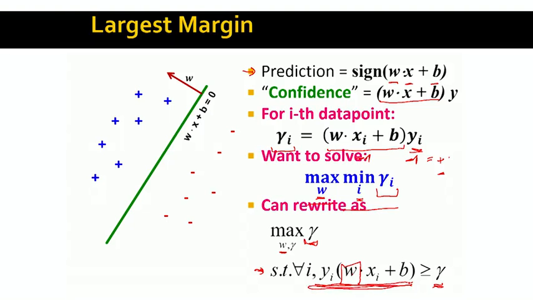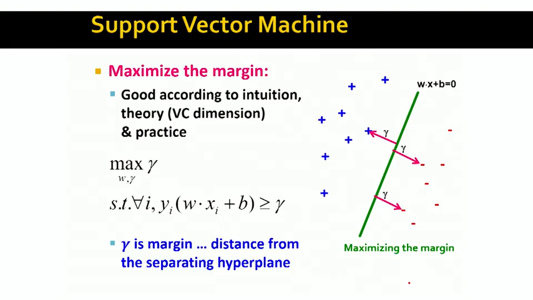So to summarize what we learned so far about the support vector machine: the method works by finding a separating plane or decision boundary that maximizes the margin. We said that this is good both according to intuition as well as according to theory. In particular, the theoretical argument is based on the Vapnik-Chervonenkis dimension, and it also works well in practice.